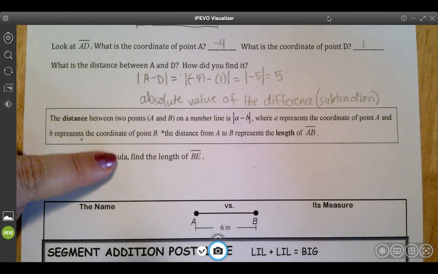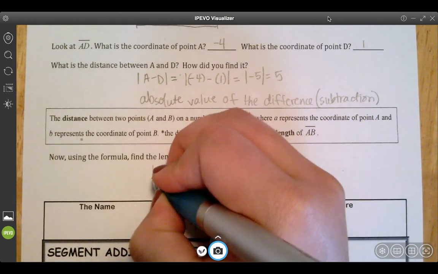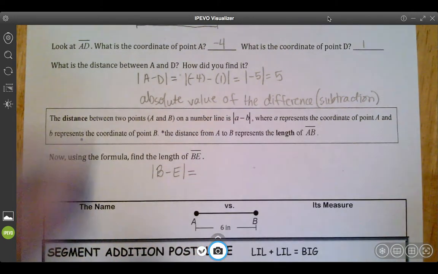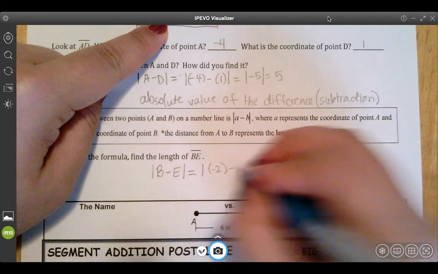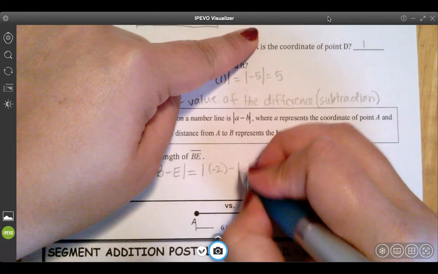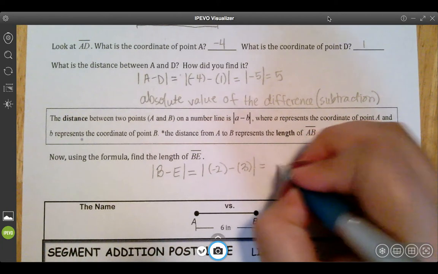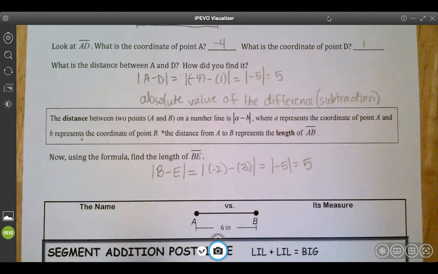Now we want to do the same thing with points B and E. We take the absolute value of B minus E. B is at -2, and E is at 3. -2 minus 3 is -5, so again we have a distance of 5.